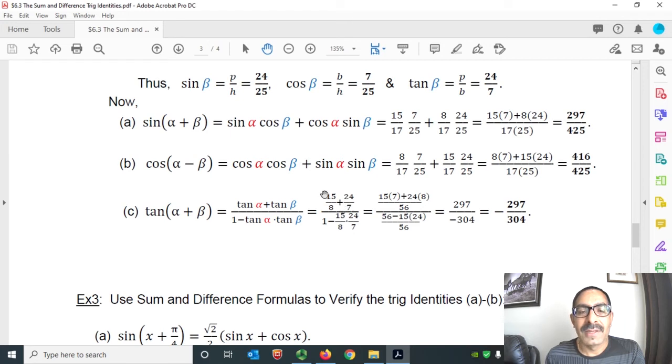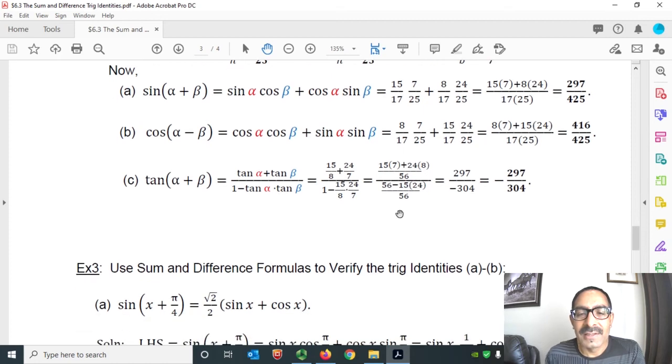Now in the numerator we have fractions, and in the denominator we have a fraction, so combine separately. Let's combine the fractions in the numerator first. Again the LCD is 8 times 7, 56, so 15 times 7 plus 24 times 8 is the numerator. Similarly, let's combine the fractions in the denominator.